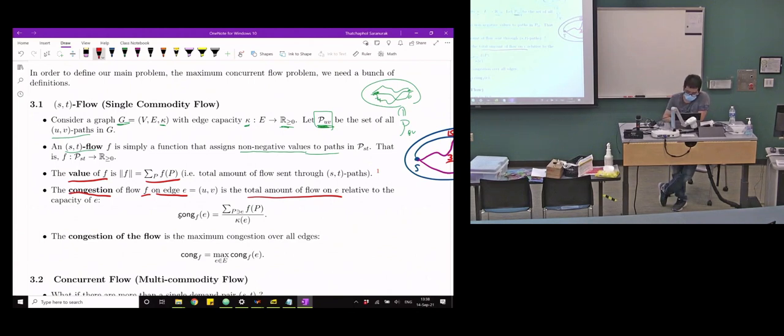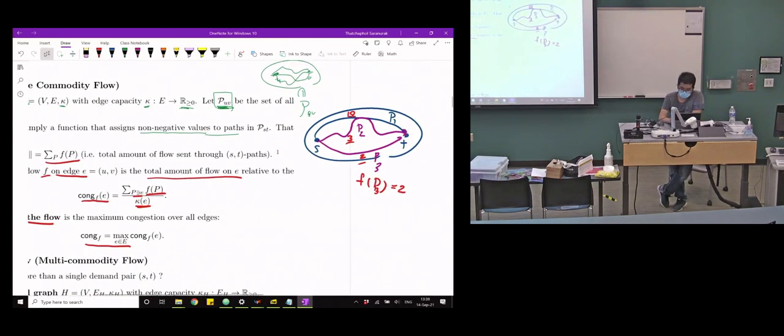That is, the congestion of flow on e is the total flow value over all paths that contain e, divided by the capacity of the edge. And now the congestion of the flow itself, I just maximize over all edges. All right.